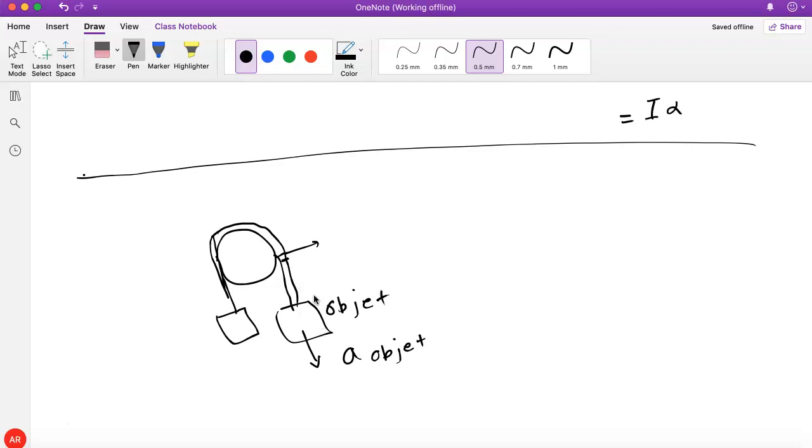So if this object comes down by some distance, this little piece of rope above it comes down by the same distance, and then all the derivatives are also the same: the velocities and the accelerations.